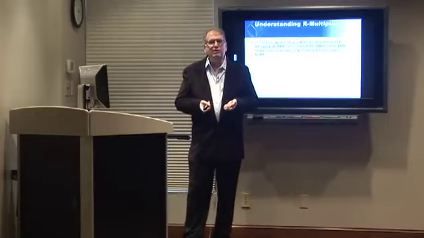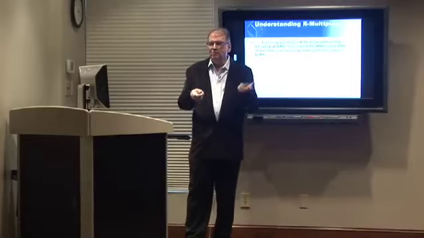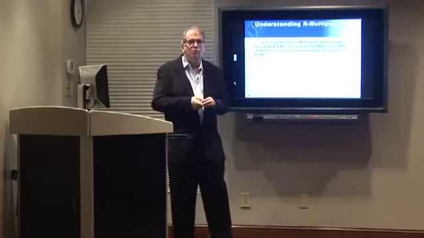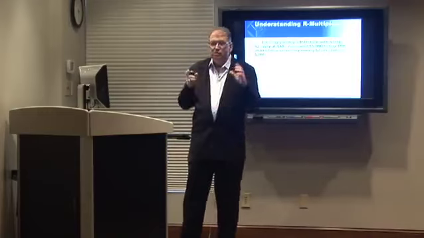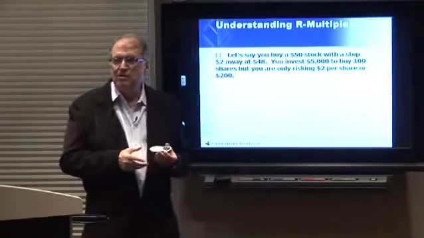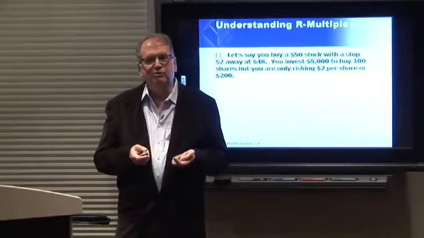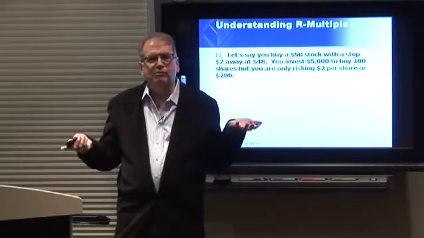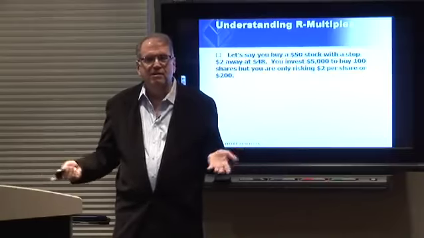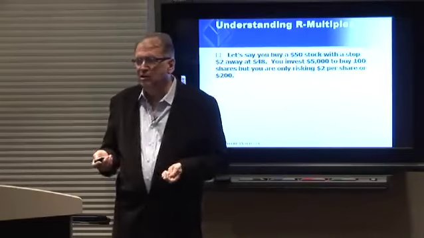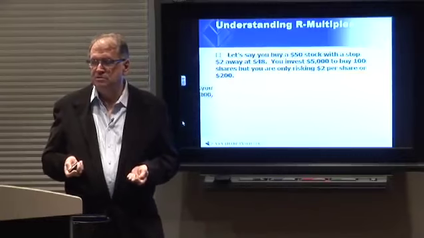Say you buy a $50 stock with a stop $2 away at $48. You invest $5,000 to buy 100 shares, but you're only risking $2 a share, or $200. You're not risking $5,000, you're only risking $200.